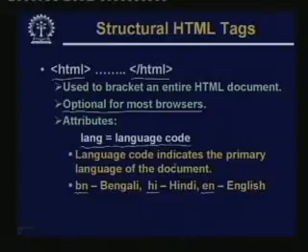So, if a language code is specified, then the browser will know which font it has to use to display the document in a proper way. We are not going into the detail of this multilingual document processing and display right now, but this HTML language has a facility to specify this kind of language.